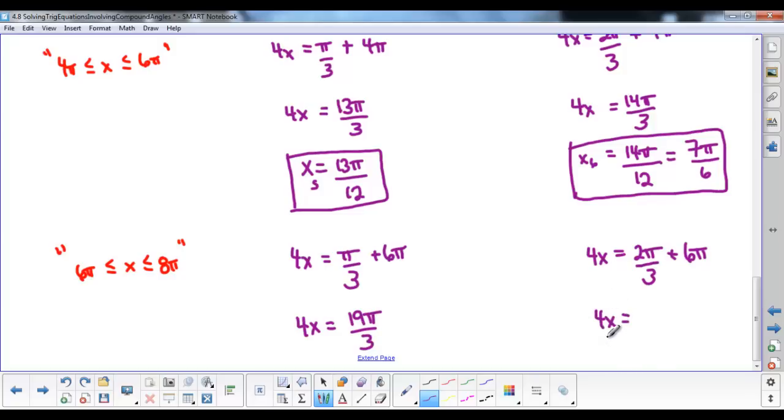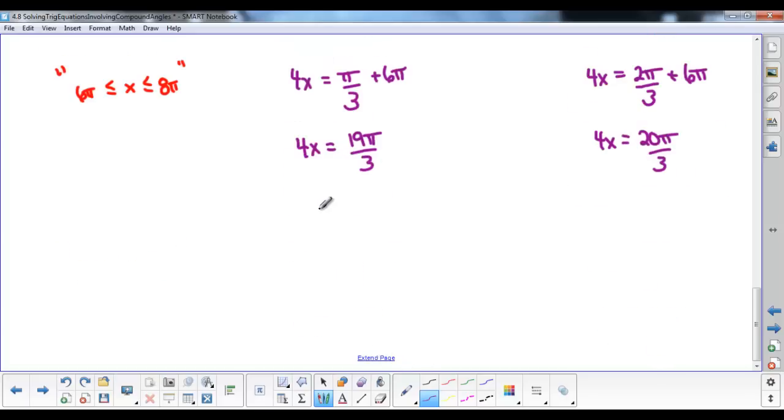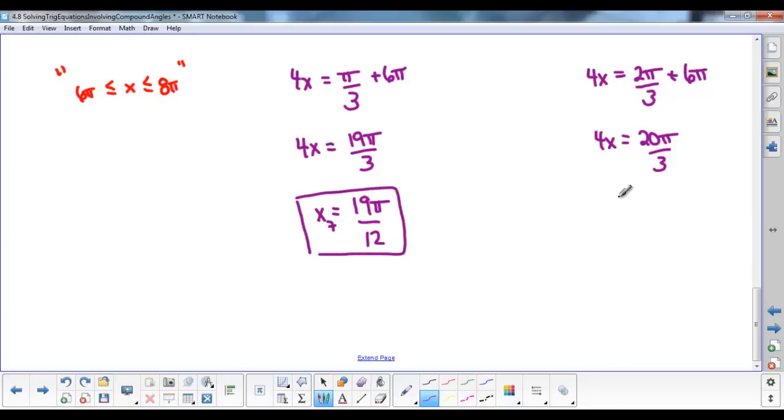And again, 4x equaling 20 pi by 3. And then, again, we want to just solve for x, so I'm going to divide both sides by 4, giving us 19 pi by 12, which is our seventh possible answer for x. And then our eighth possible answer for x is take your 20 pi by 3 and divide by 4, which gives us 20 pi by 12, which can be reduced into 5 pi by 3.